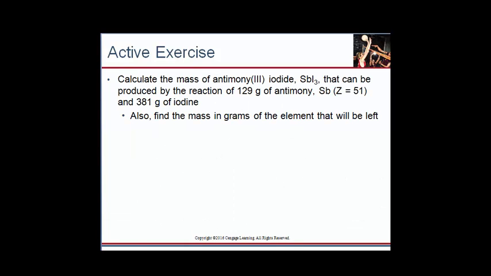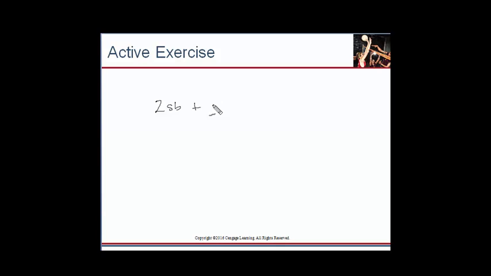The last part of the problem was to find the mass in grams of the element that was left. So the one that's in excess is going to have some left over. So let's solve for that. 2 antimony plus 3 I2 equals 2 SbI3. Remember that this was 121.8 grams per mole.